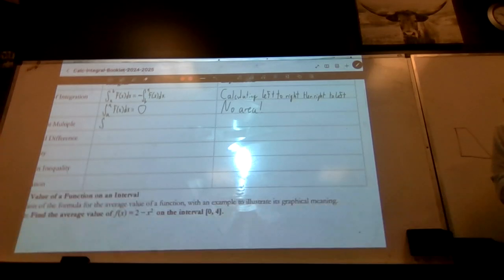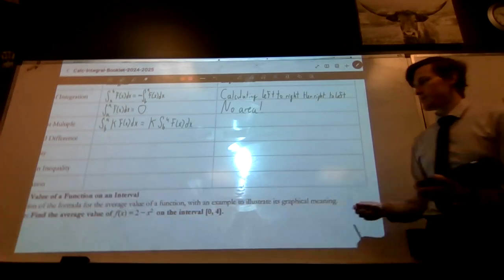The next one, if I have the integral from b to a of k times f of x dx, it is going to be the same as k times the integral from b to a of f of x dx.